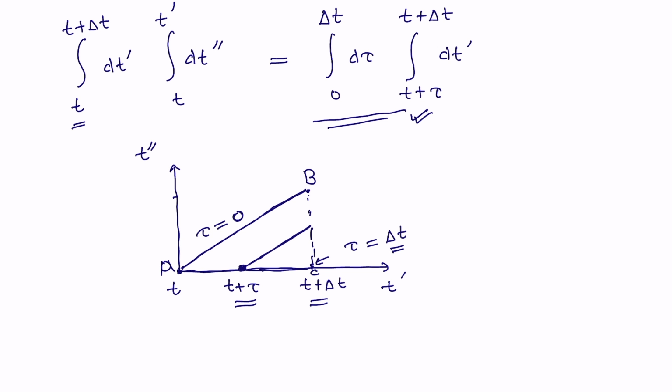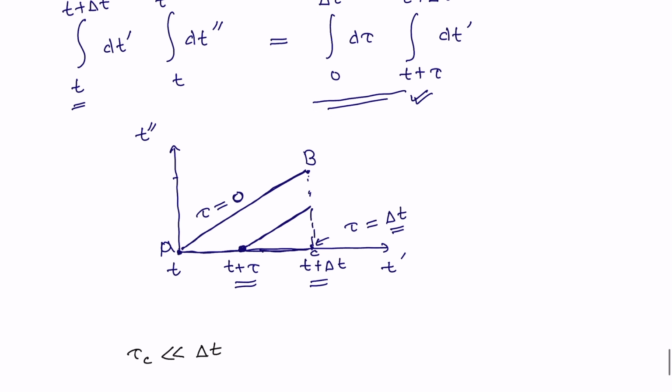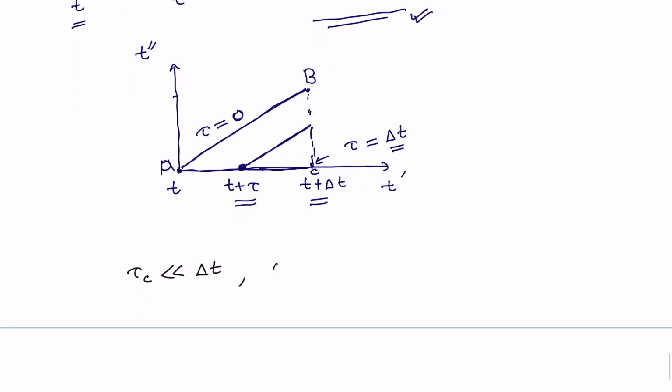As the correlation time tau c between the reservoir and the system is extremely small compared to delta t, we can take delta t tends to infinity.